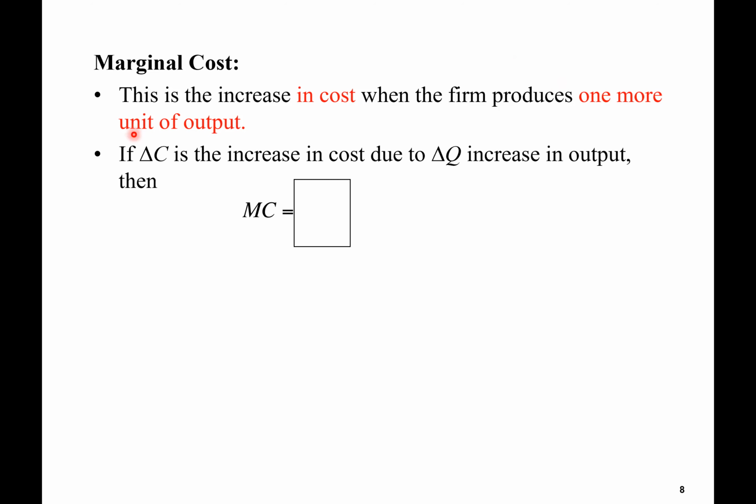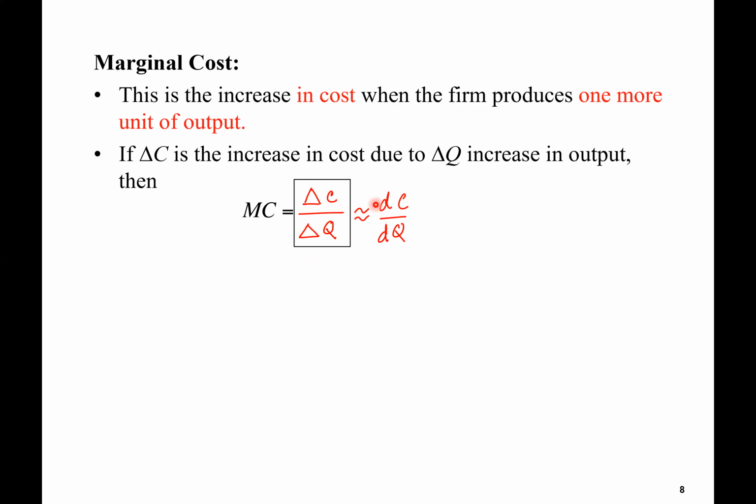Suppose when you produce some more, the extra cost is delta C, and the extra amount of output that you produce as a result is delta Q. Then the marginal cost can be written as the ratio of delta C over delta Q, which gives us approximately the extra dollar amount that you have to spend to produce one more unit of the output.